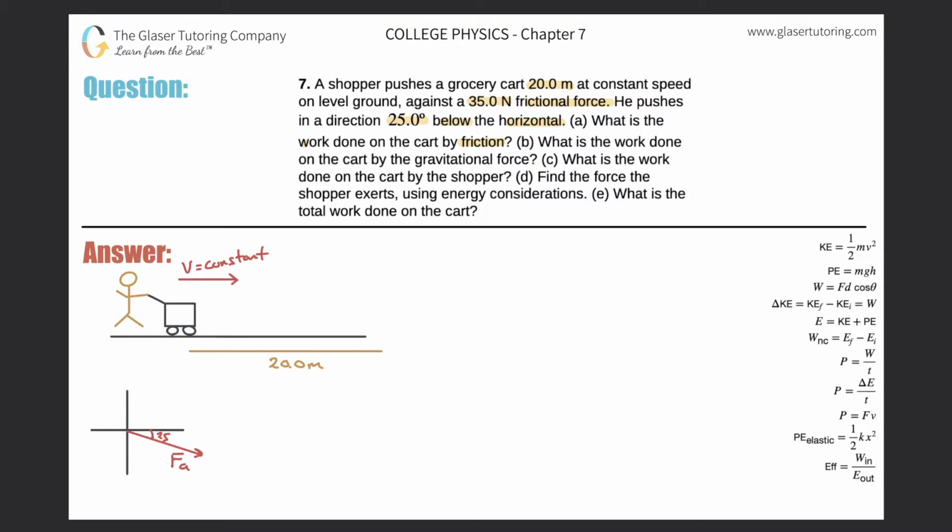And then what other force does it tell us is going on here? It also tells us that there is a frictional force. It says 35 newtons of friction. So where does friction point in the problem? Remember, friction always opposes the motion. So in my picture here, I'm assuming the cart is moving to the right.